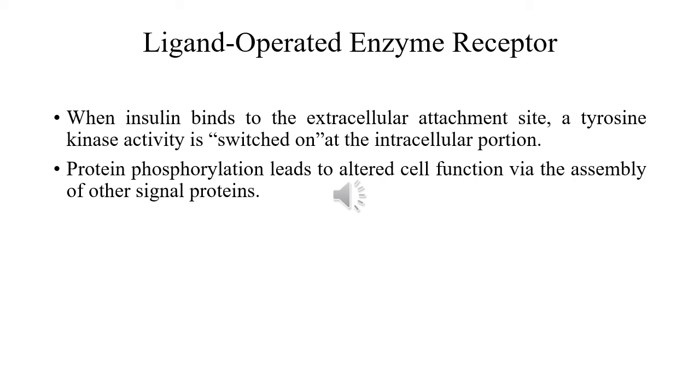This protein phosphorylation leads to a change in cell function, and this occurs via the assembly of other signal proteins. It means that the protein is phosphorylated, and this phosphorylation leads to interaction with other proteins inside the cell.